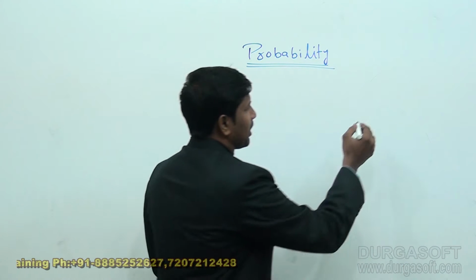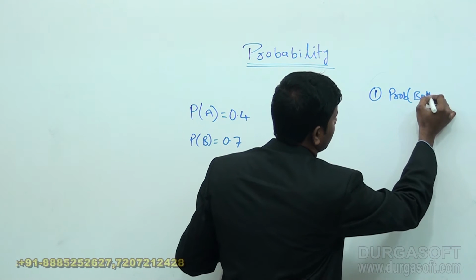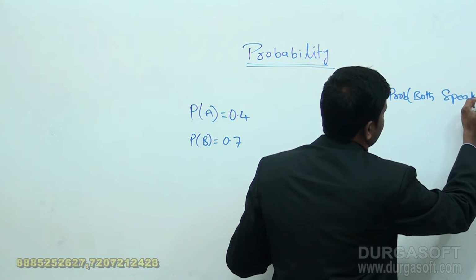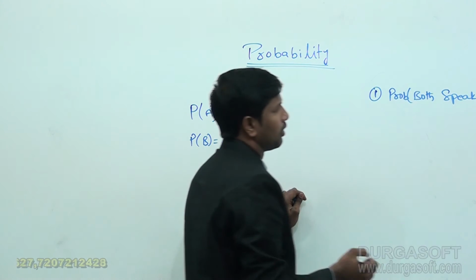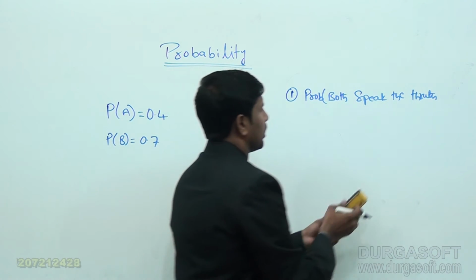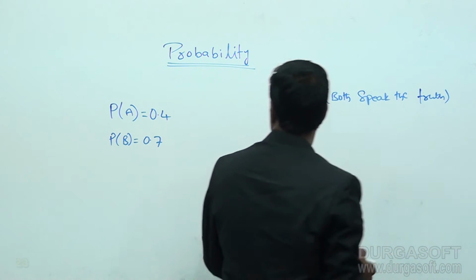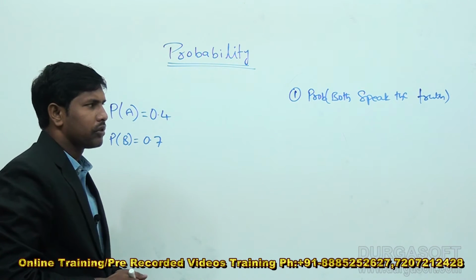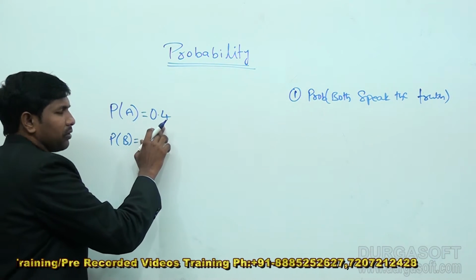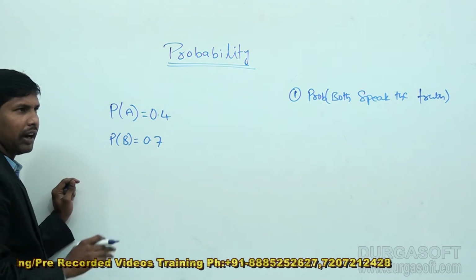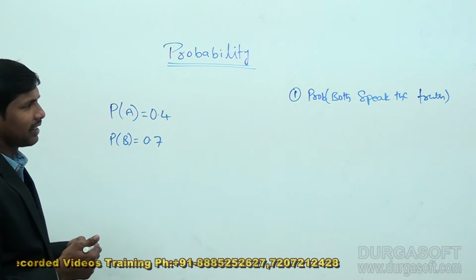Now if I ask what is the probability that both speak the truth, here both should speak the truth. A speaks the truth with probability 0.4 and B speaks the truth with probability 0.7, but here I want both at the same time.